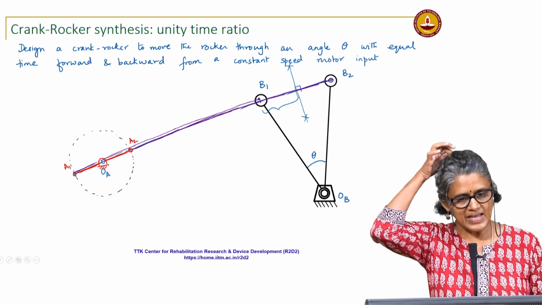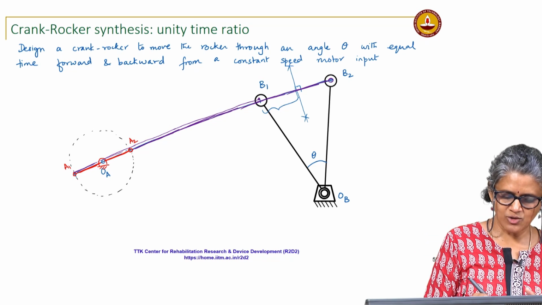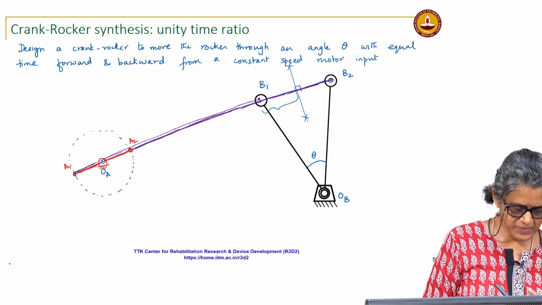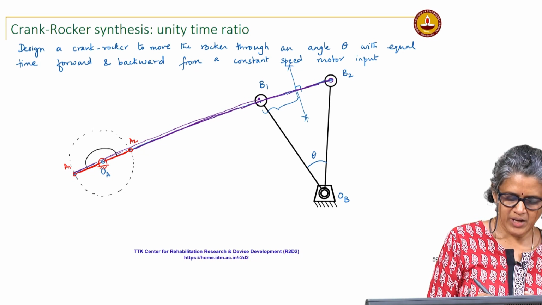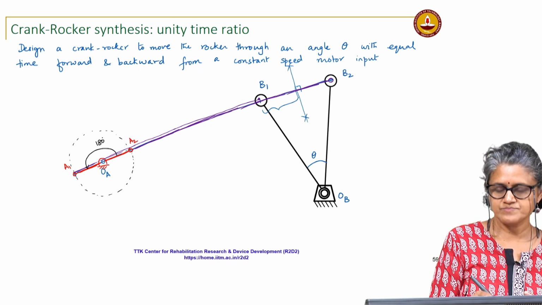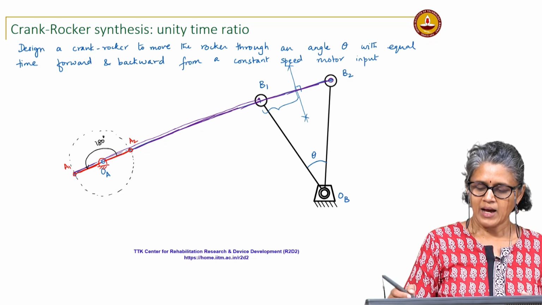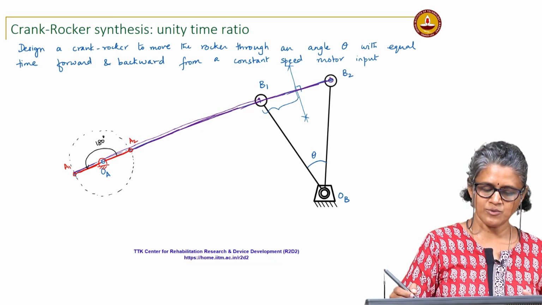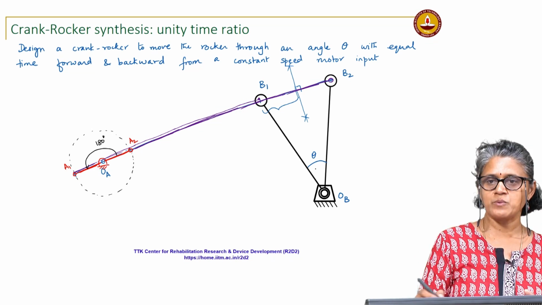So you can see that as the link OA A moves by 180 degrees, okay, I have moved from OB B2 to OB B1.